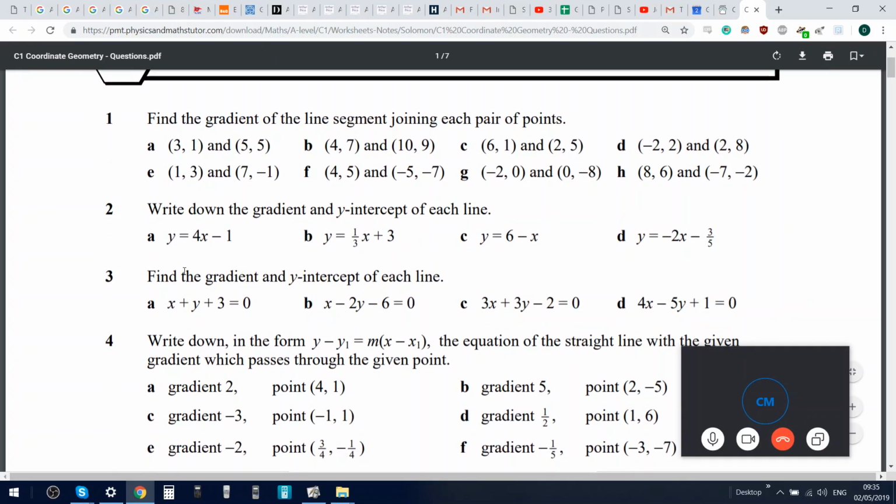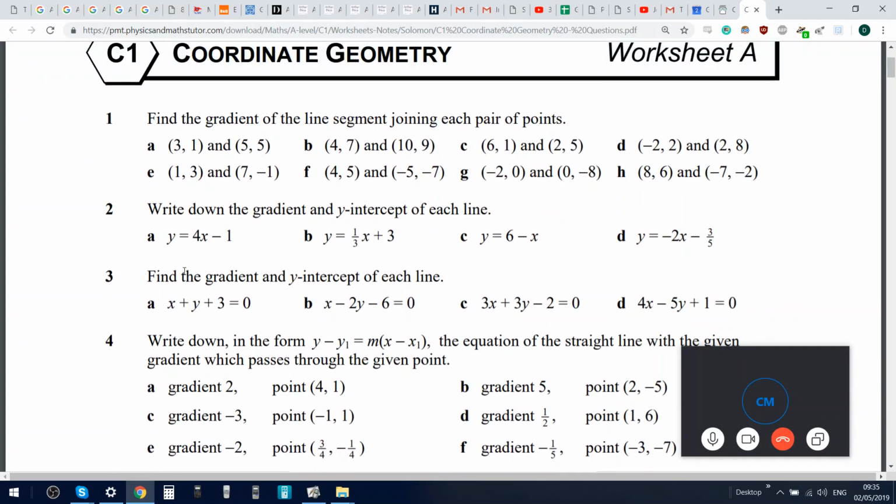So any idea how you do this 1a? Gradient from a pair of coordinates.